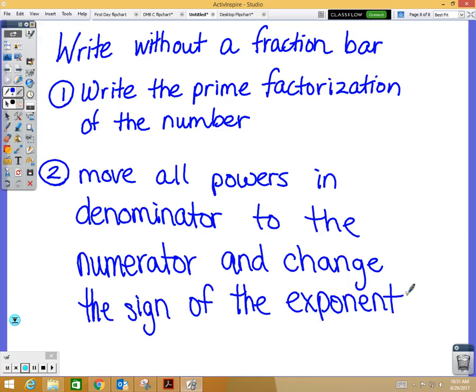Alright, I'm going to pause this so you all can write that down. Alright, so let's do some examples of these two steps.